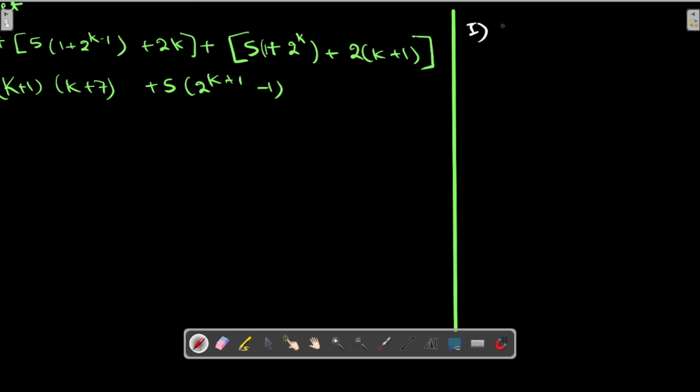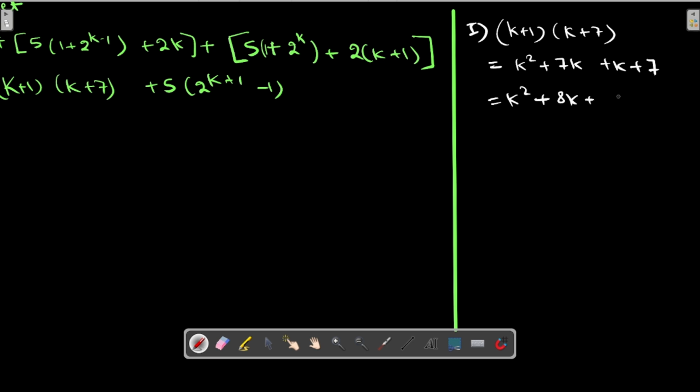Let's first focus on k plus 1 and k plus 7. So what it will be, k square plus 7k plus k plus 7. So that's k square plus 8k plus 7. Next is 5 times (2 to the power of k plus 1 minus 1).